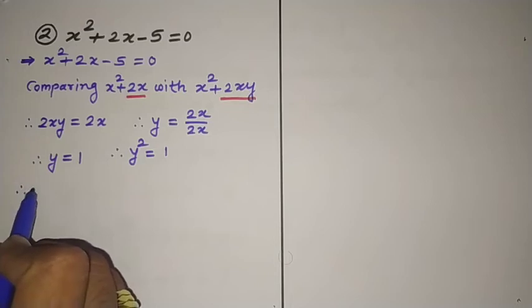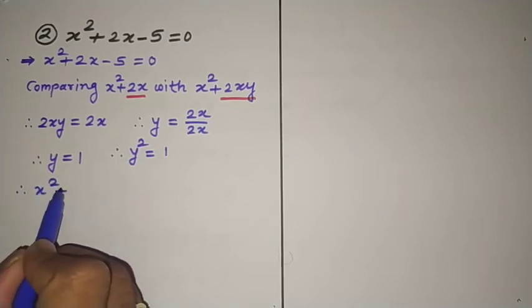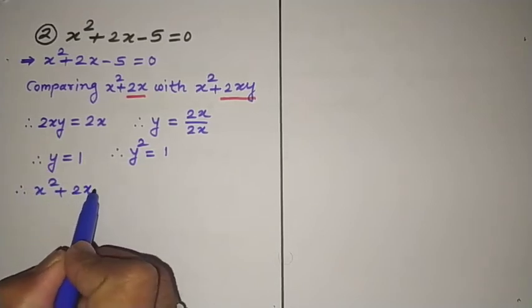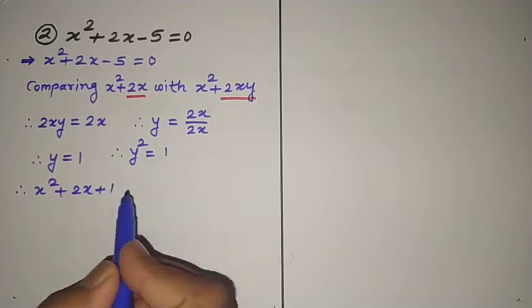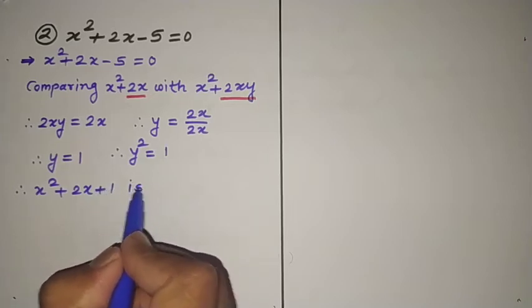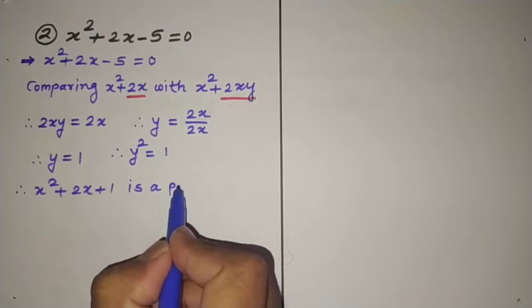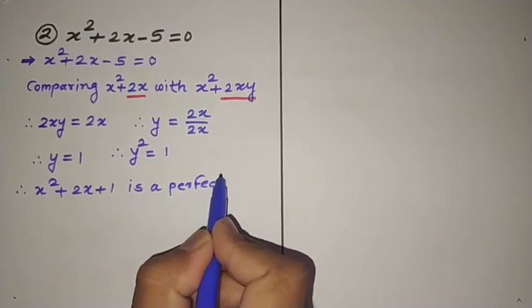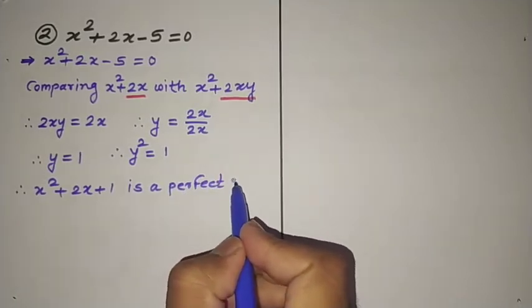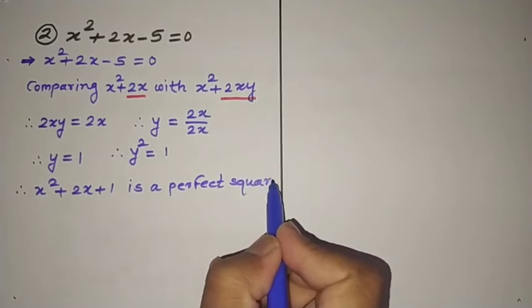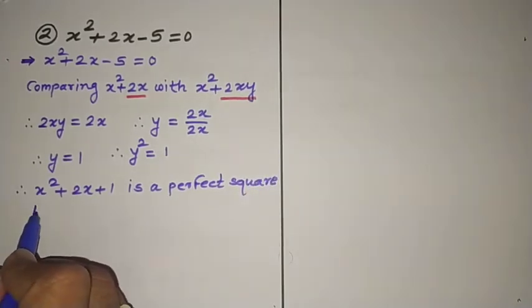Therefore x square plus 2x plus 1 is a perfect square trinomial.